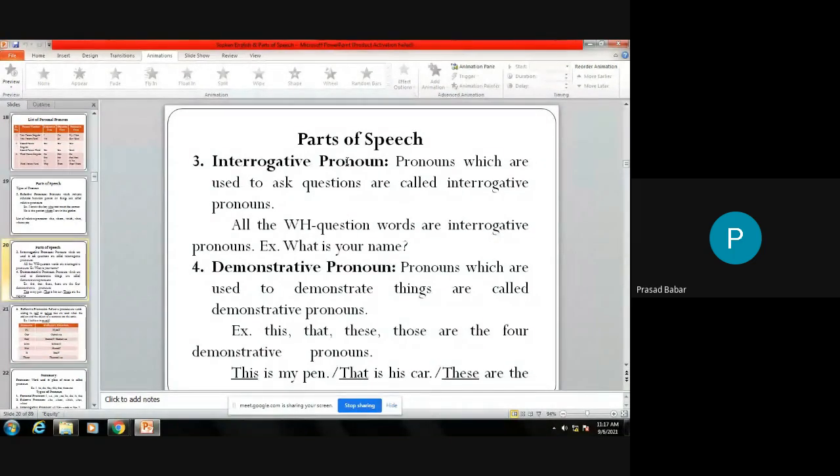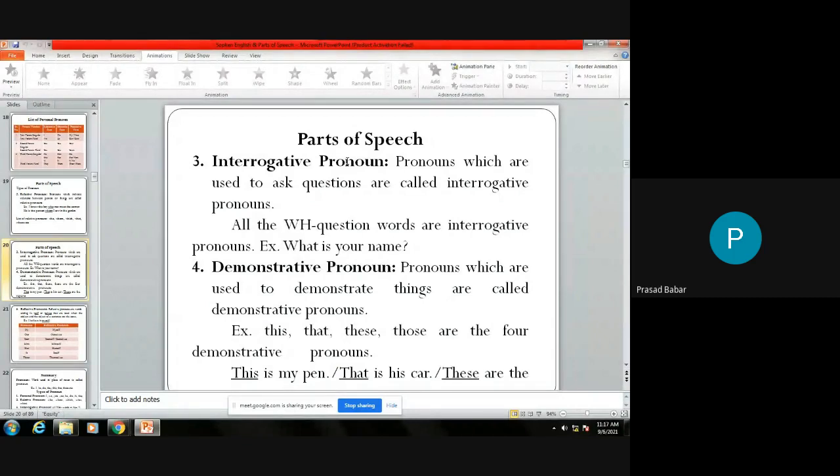So all types of WH question words come under this category. All the WH question words are interrogative pronouns.